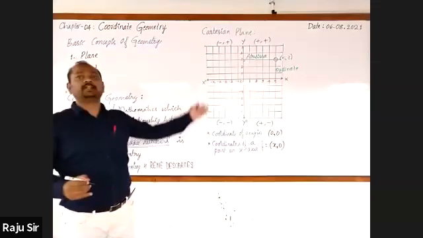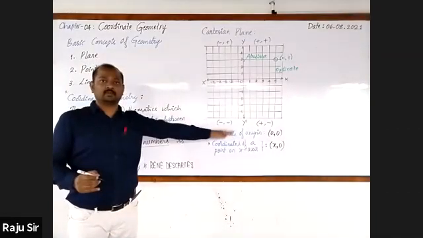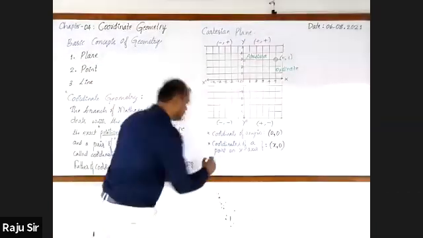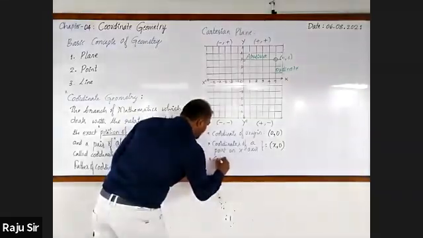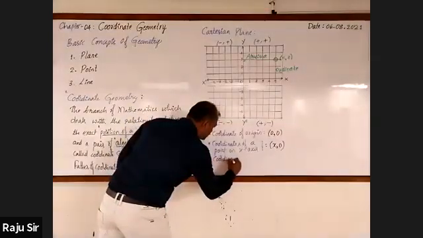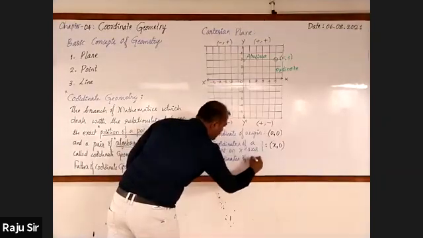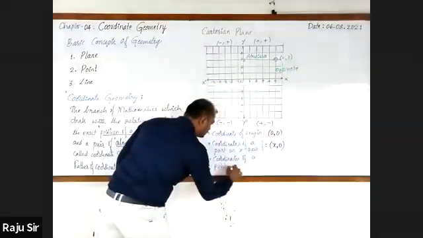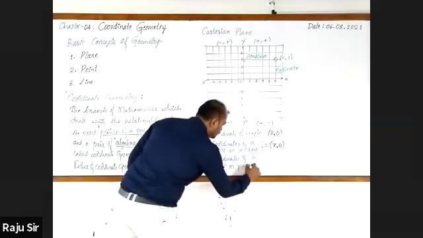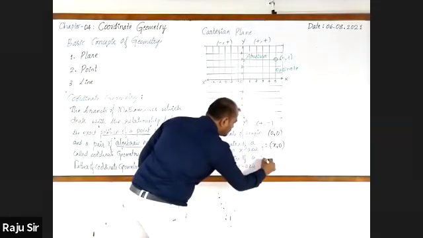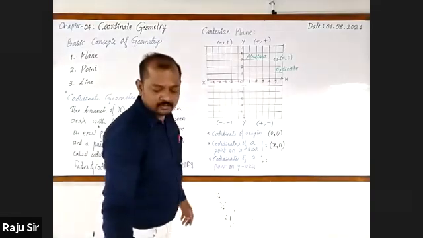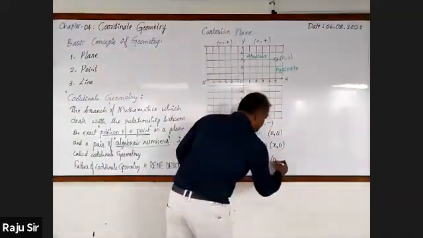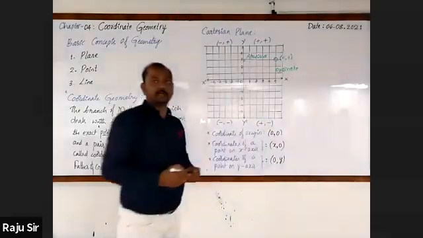If the point is on the x axis, it is x, 0. Next, coordinates of a point on the y axis. It is 0, y.